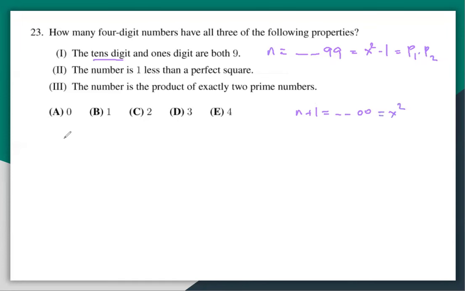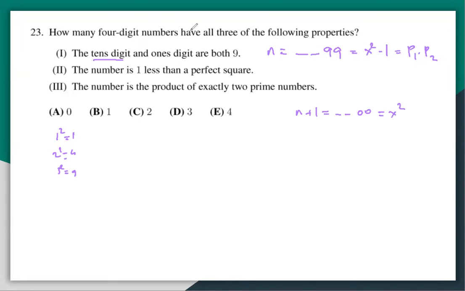But this is a perfect square. When you look at the square numbers, 1 squared is 1, 2 squared is 4, and 3 squared is 9. You are not going to get a last digit of 0 unless you are squaring something that ends with 0. So my x should be a number ending with 0.